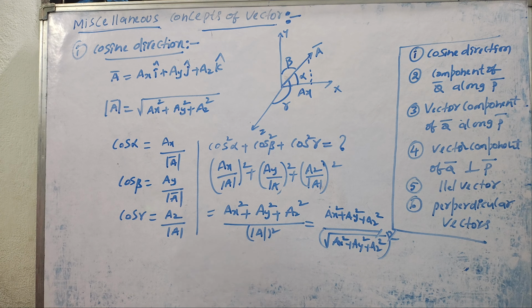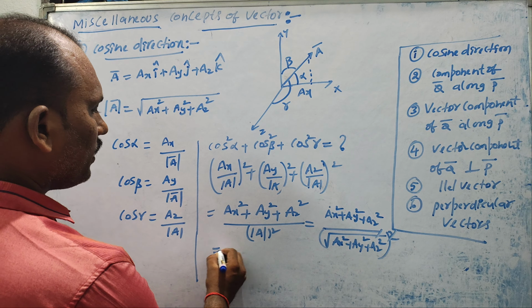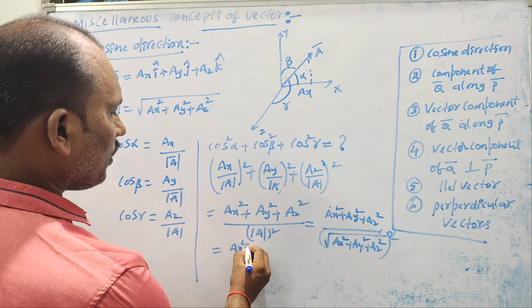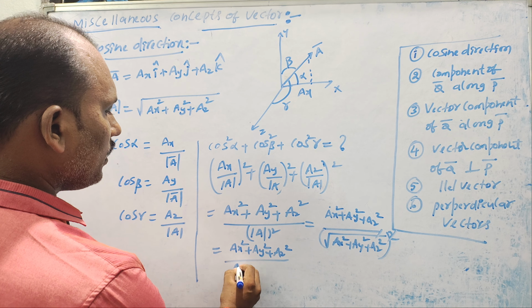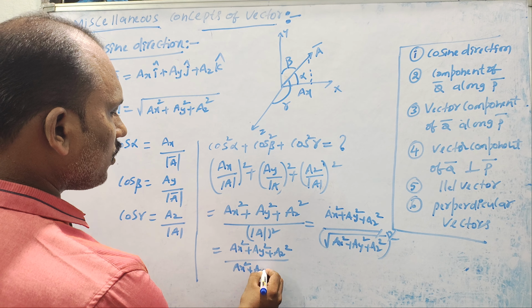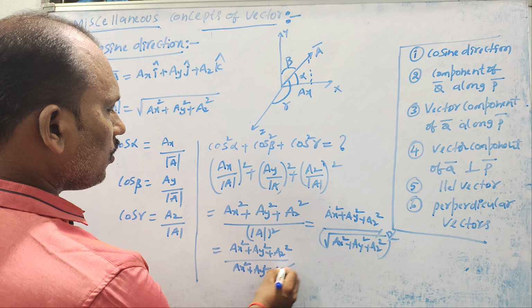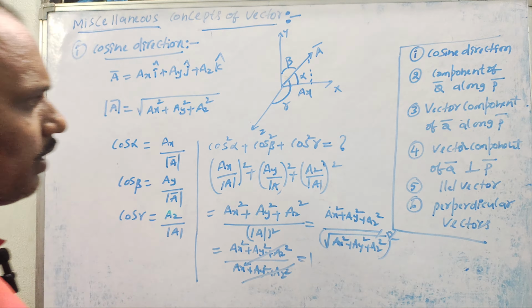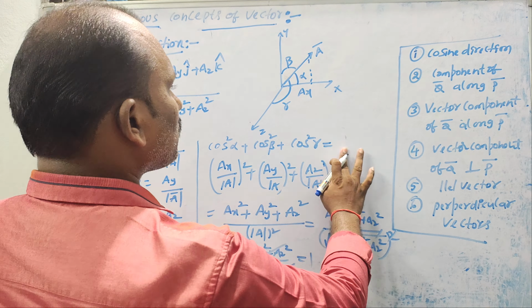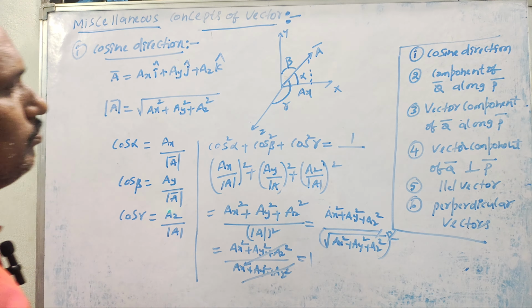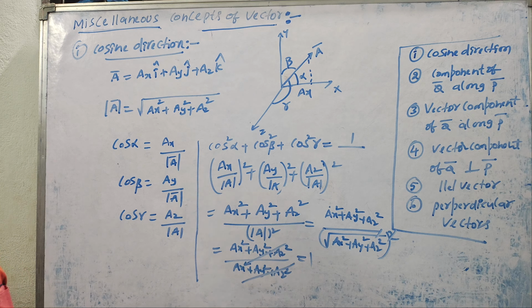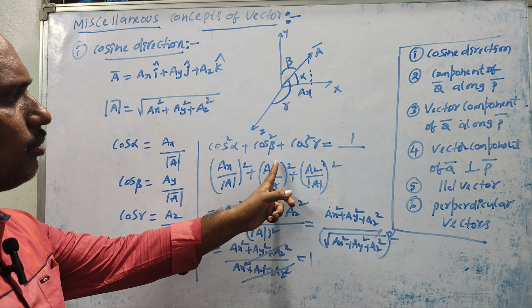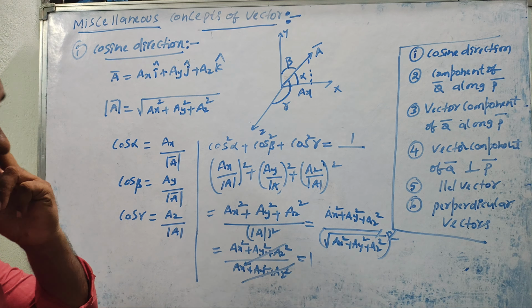So finally we get AX square plus AY square plus AZ square by AX square plus AY square plus AZ square. Both cancel, so what we get is 1. So this is the cosine directions. When dealing with 3D objects, generally we are discussing this: cos square alpha plus cos square beta plus cos square gamma is equal to 1.